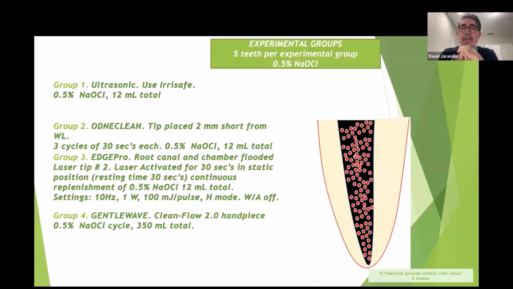The other day, I was having a very interesting conversation with one of my colleagues, and he asked me why you guys in the lab keep doing what used to be called passive ultrasonic irrigation, which Dr. Boutsioukis published in 2016 that the term is wrong.